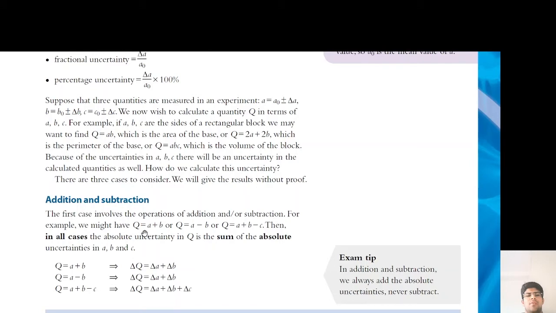For example, we might have Q equals A plus B, or Q equals A minus B, or Q equals A plus B minus C. Then in all cases, the absolute uncertainty in Q is the sum of the absolute uncertainties in A, B and C. For a sum we add them, and for a difference, A minus B, we also ignore the negative sign and put the positive sign. So delta Q equals delta A plus delta B plus delta C.